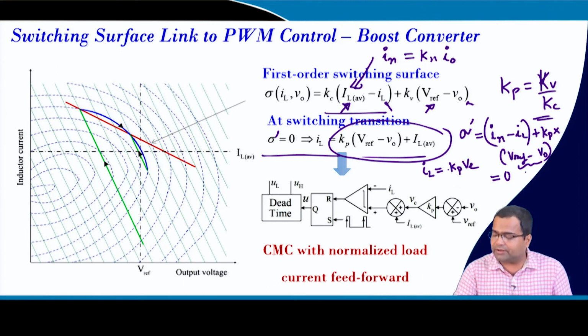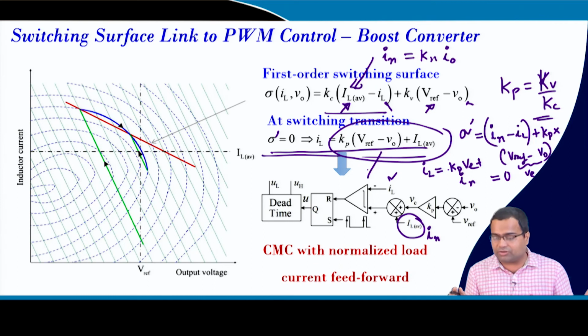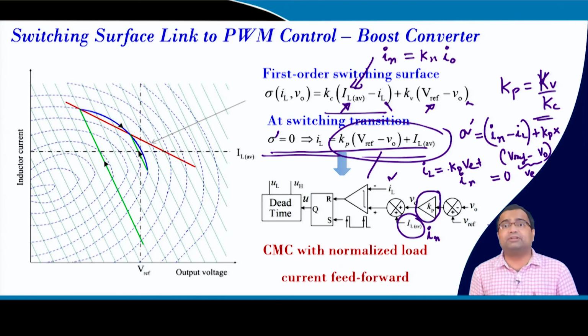So, this is my error voltage plus our I normalized factor, my normalized load current. This is my inductor current, which I can realize, that means this part I can realize using current mode control. This is simply my proportional gain multiplied by error voltage.